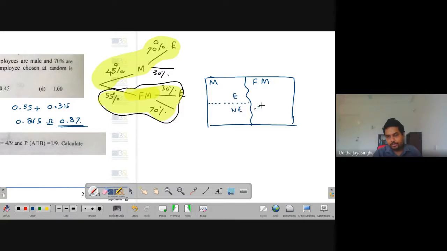In the female population also, economic graduates and non-economic graduates. But eventually, students, you cannot resolve this question without the assumption that economics and non-economics is 70% and 30%. Otherwise, there's no definite answer.